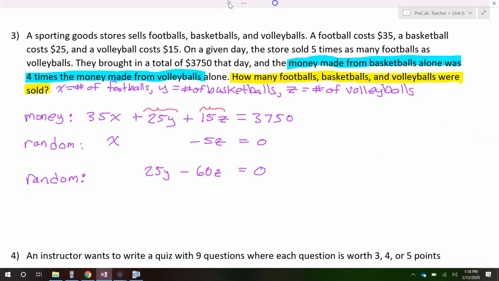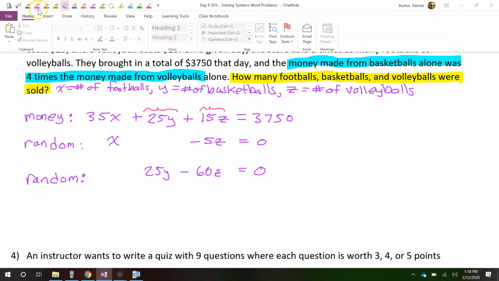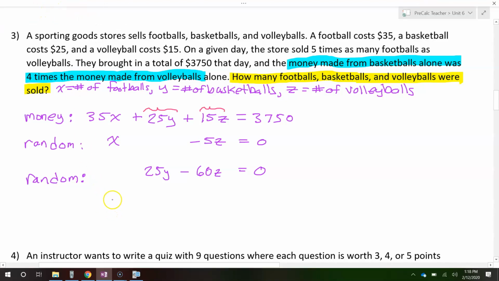Okay, so we can make our matrix equation now. The matrix equation will be 35, 25, 15. Those are the coefficients. And then from the x, I'm going to get a 1, and then 0, because there's nothing, and then negative 5. And then 0, 25, negative 60.